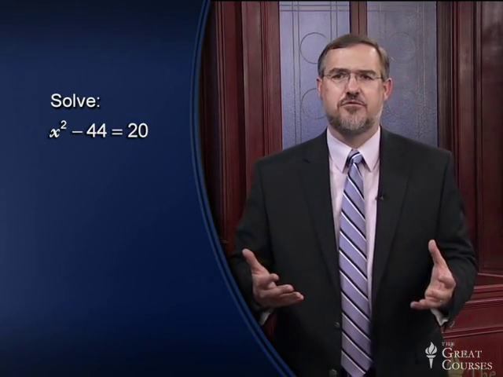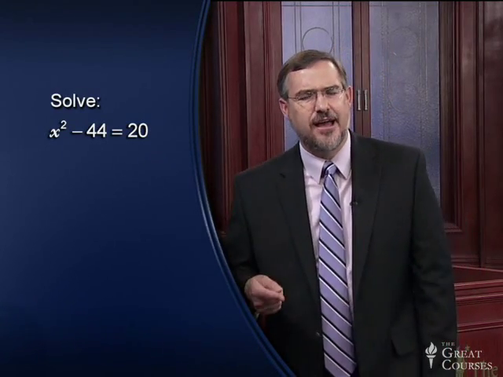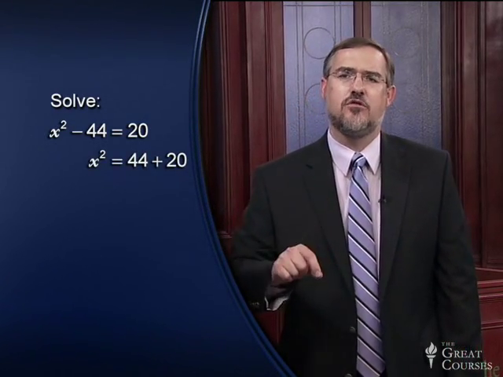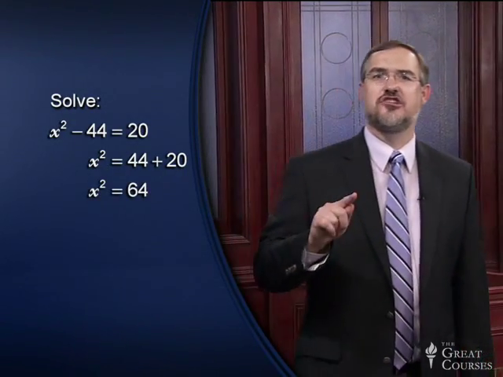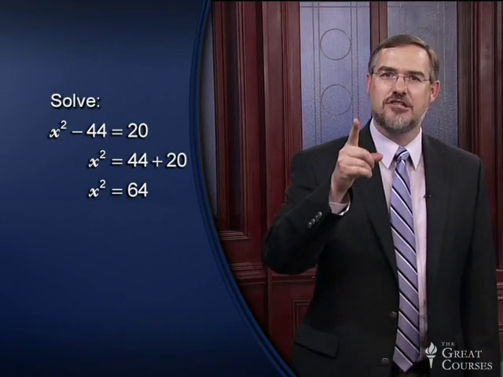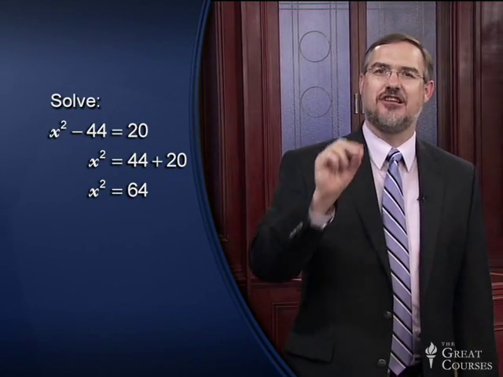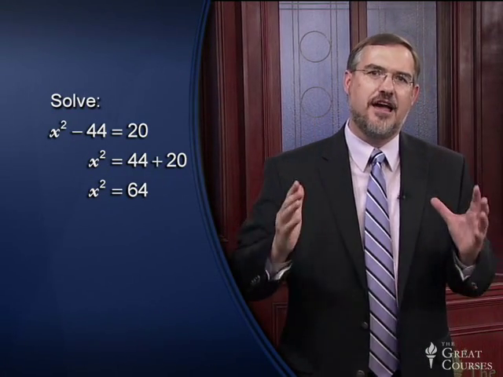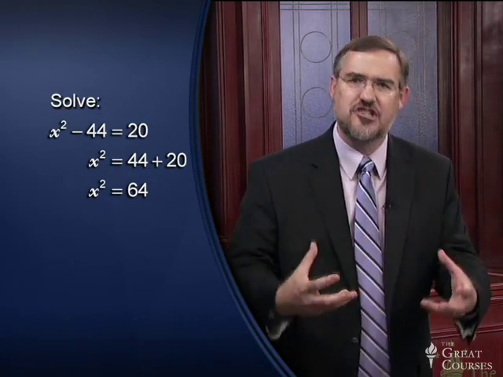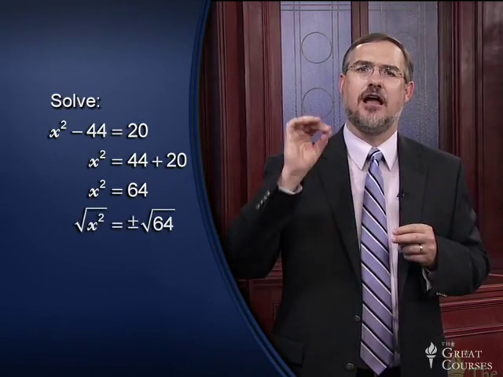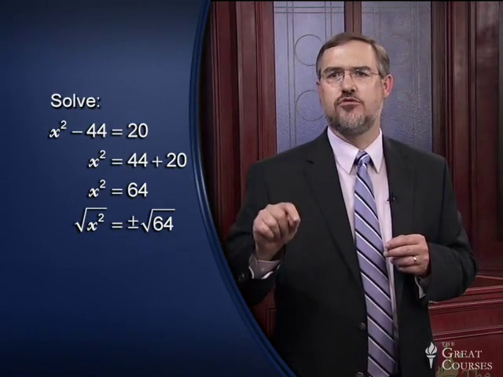The first thing I would suggest we do is add the 44 to both sides of the equation. And when you do that, you're going to have x squared on the left equals 44 plus 20, or x squared equals 64. That 64 is a perfect square. The 44 and the 20 were trying to throw us off. But the 64 is a nice perfect square. And if I go with x squared equals 64 and do this square root tool with both sides, I'll have the square root of x squared equals plus or minus the square root of 64.